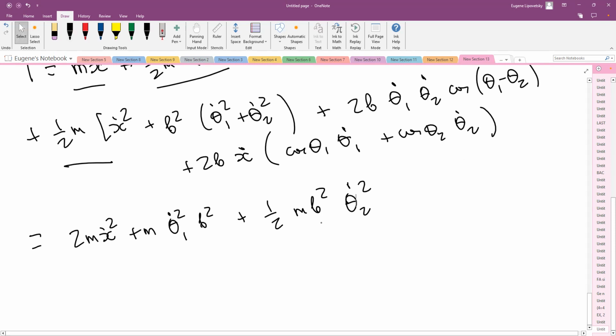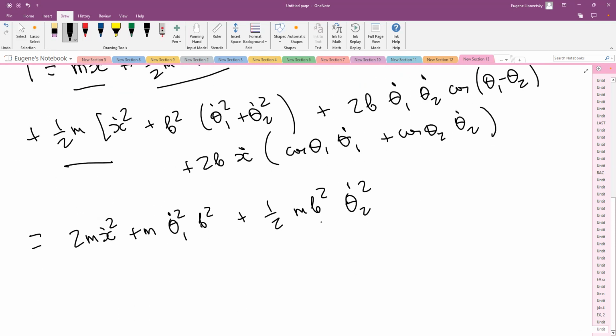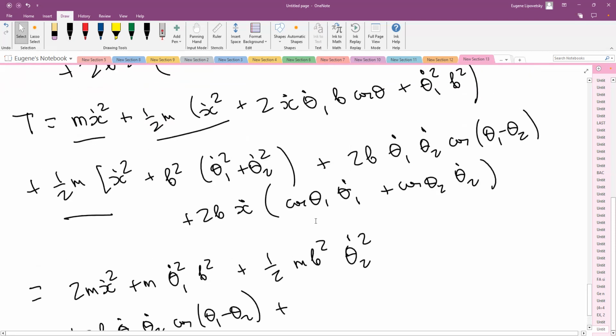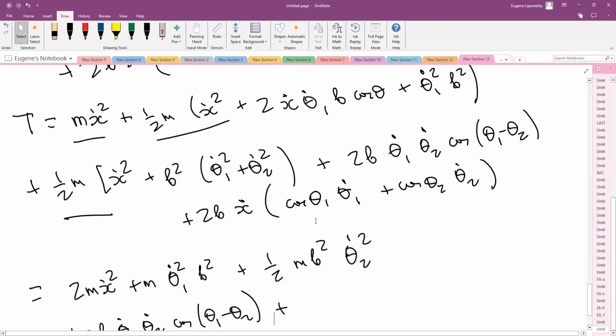And plus the other two pieces. Well, let's see. This one has no pair. It's going to be plus 2b theta 1 dot theta 2 dot cos of theta 1 minus theta 2, plus b x dot cosine, and we have the b x dot cosine.